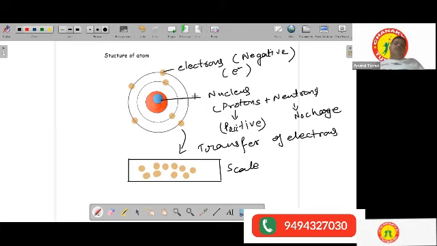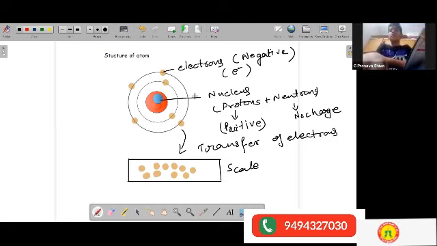Now we observe a number of things around us. We observe our electrical appliances, electrical circuits, and cells. So we will try to understand those. What are those cells? How do they work? How does the transfer of energy take place? The outermost shell of the atom is called the valence shell.